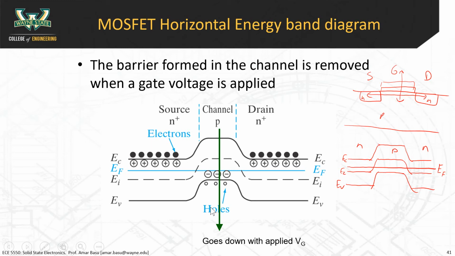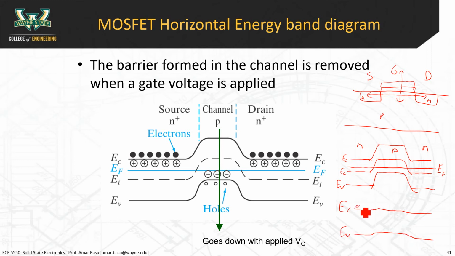But if you apply gate voltage, you invert this P-type channel and you change it to N-type. And when that happens, the band diagram looks like this. Your EC just goes straight across like this. Maybe there's a little bit of an energy barrier there. It looks more like this.